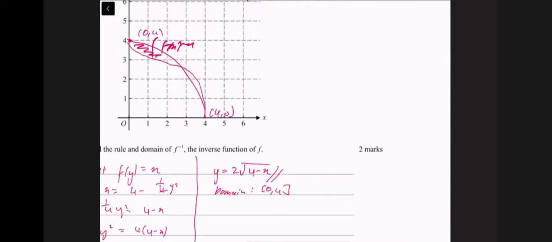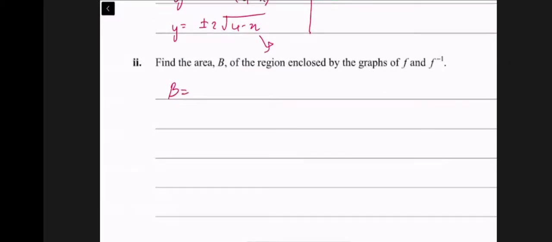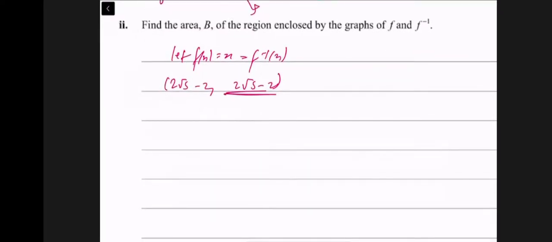So in this case, you actually have to do integration of f(x) minus f inverse x. The first thing would be to find the points of intersection. So let f(x) equal x, or you can do f inverse x, doesn't really matter. You get 2 root 5 minus 2 and 2 root 5 minus 2. Again, never worry about having to find the y value because it's going to be the same as the x value because it's on y equals x.